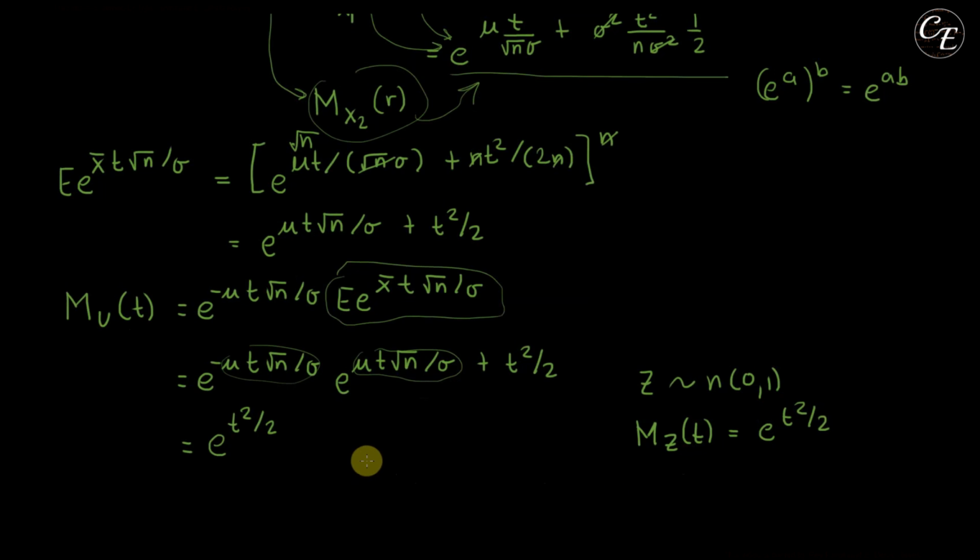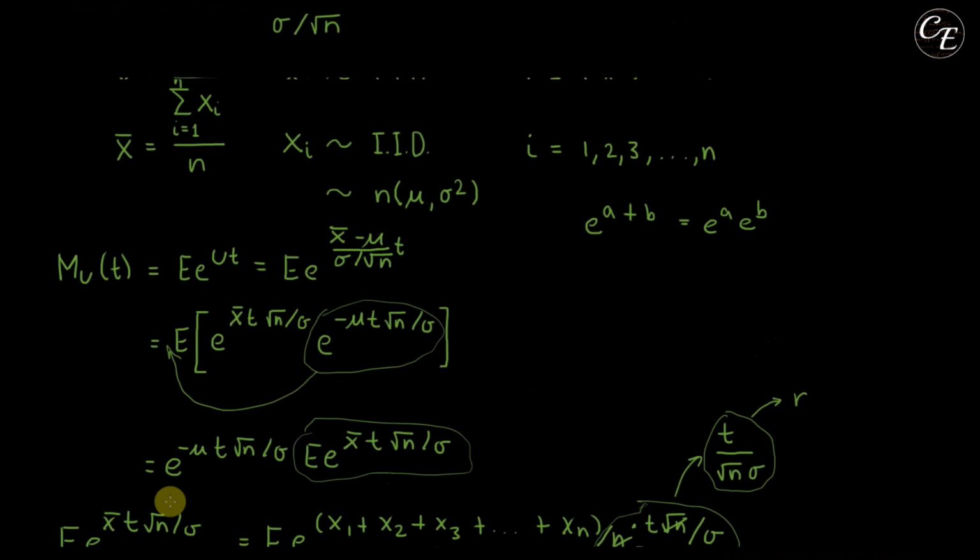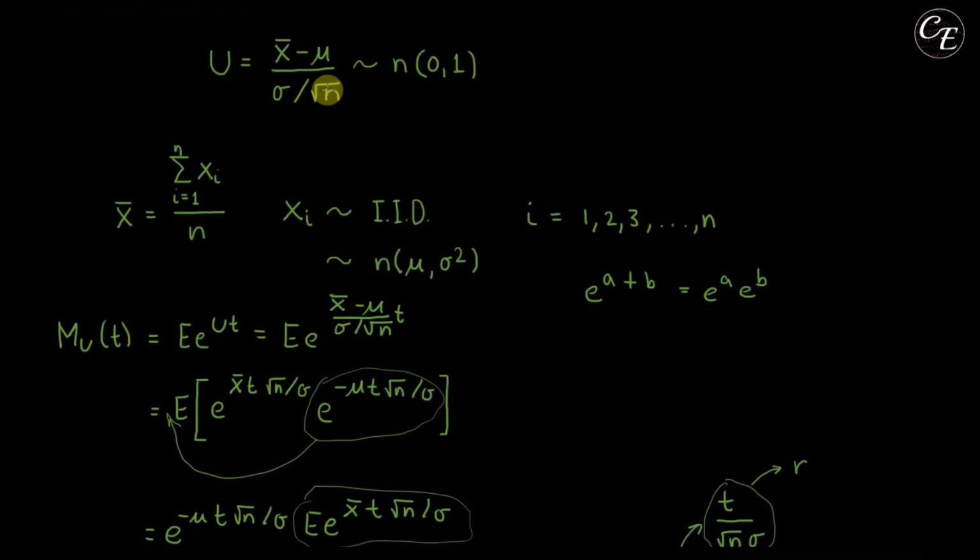Thus they have the same distribution. So this u has a distribution same with this, which is a standard normal distribution. So now we have proven that this u has a standard normal distribution. So we have now proved this.